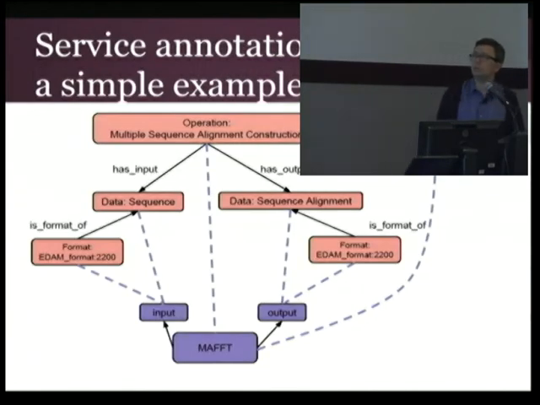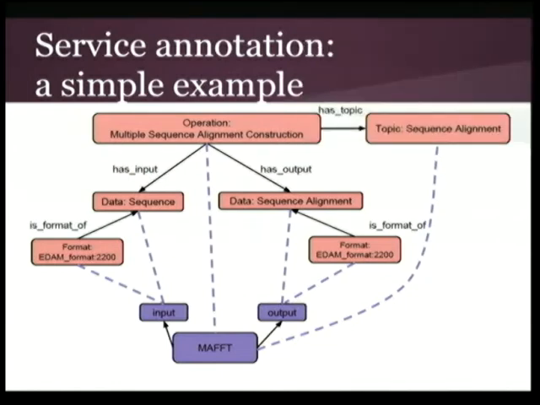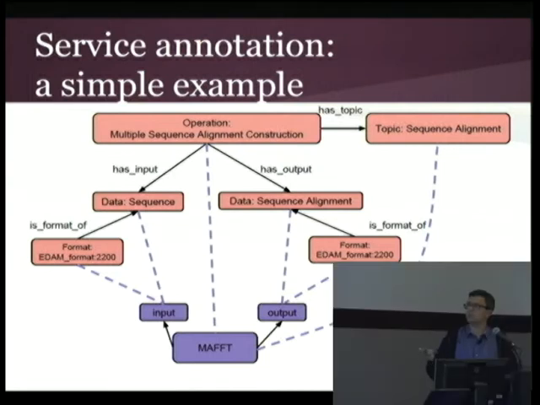So to give you an example, a very simplified example, that's an example of the annotation of the MAFFT multiple alignment program. MAFFT is annotated with the topic sequence alignment. Its operation is multiple sequence alignment construction.